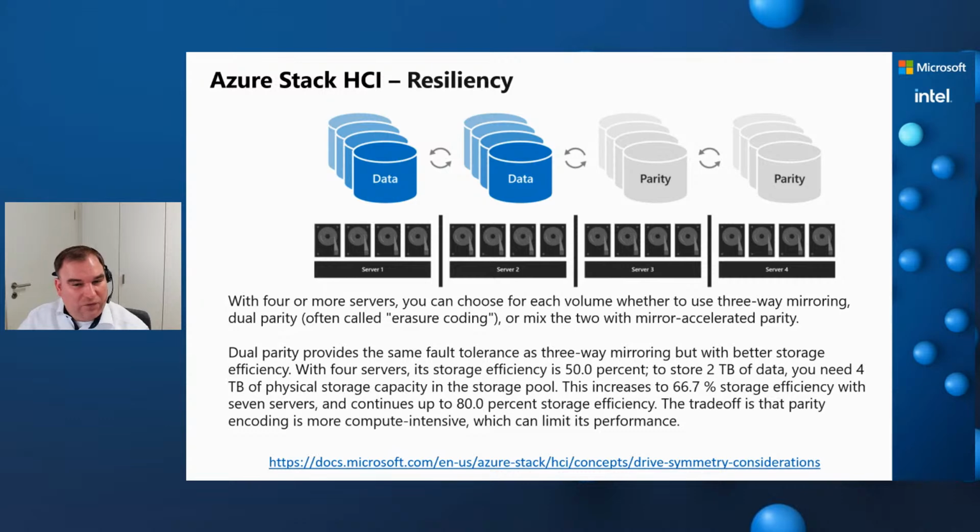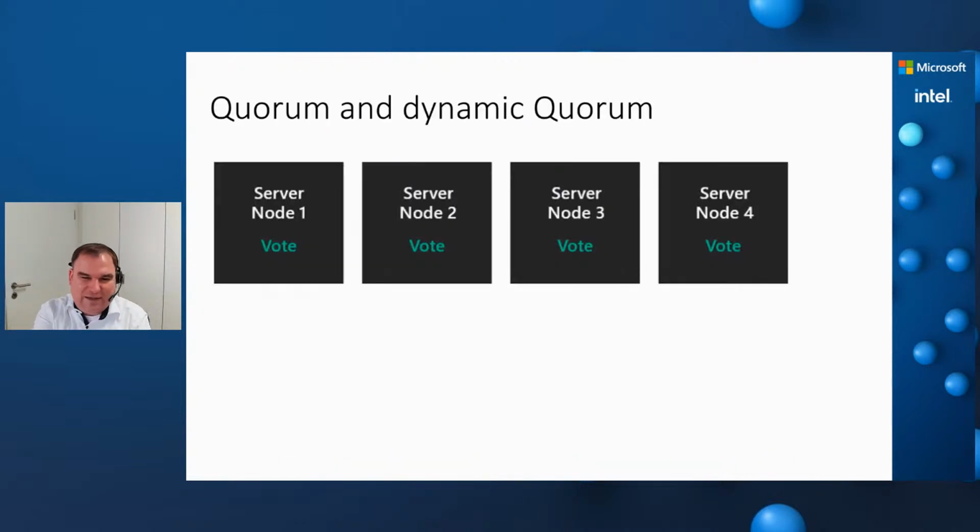So drives and the distribution of the data hopefully is clear. When we build an Azure Stack HCI cluster, the first requirement is to build a cluster. And a cluster always ensures to have the majority of votes online.